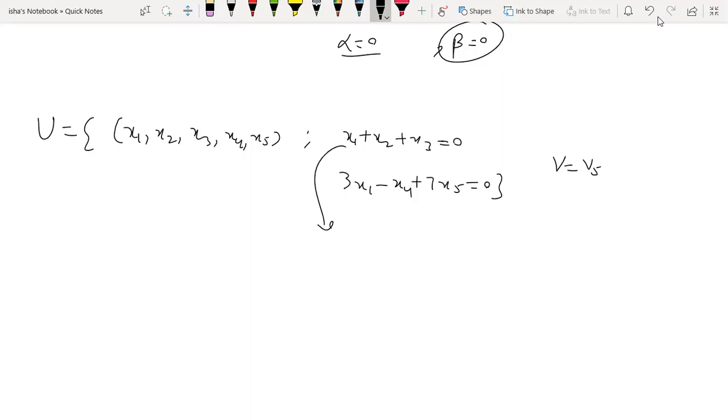So from the first, I will be finding x1 in terms of x2 and x3. And from the second, I can find x1 is x4 minus 7x5 by 3. Then I can equate these two because x1 is the same.